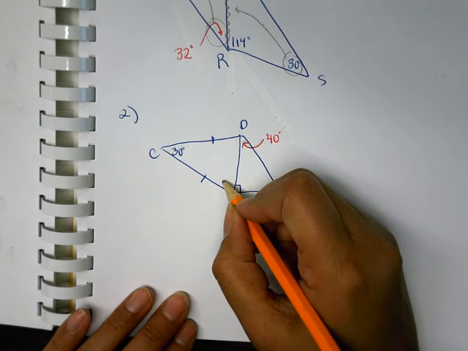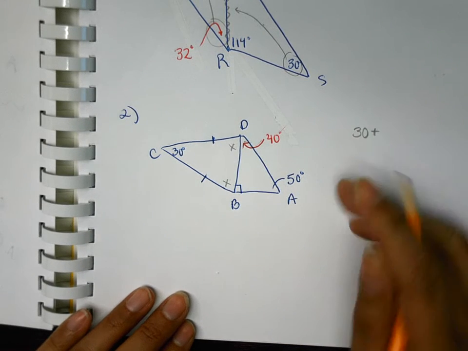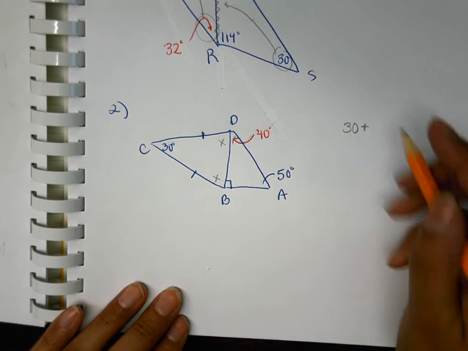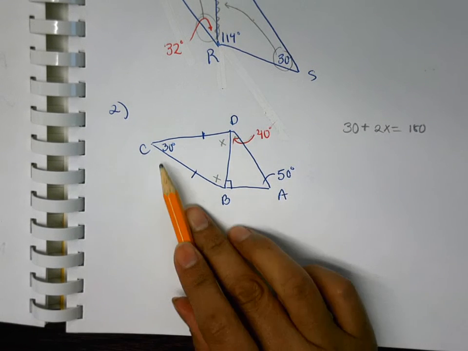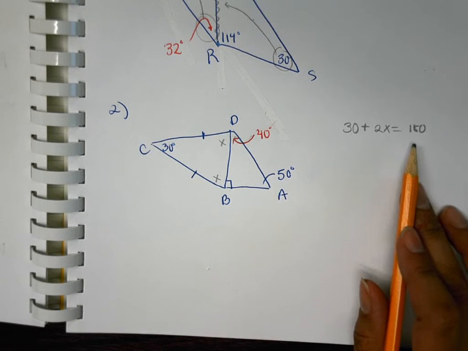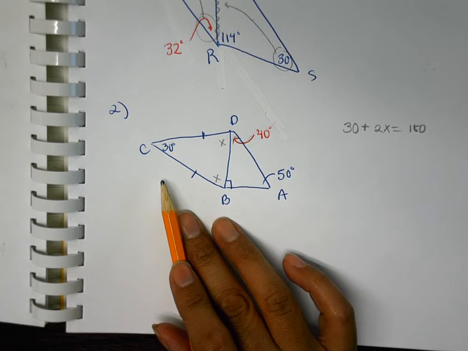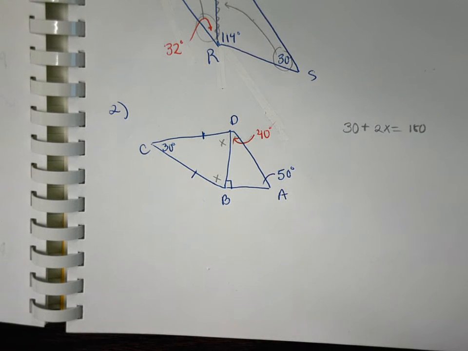Okay, so I'm going to call them x and x, and my equation would be 30 plus what? 30 plus 2x equals 180. How many of you guys just do 180 minus 30 and then cut it in half? Whatever method you use, do I need to see some work on your paper? Yes. Whether it's subtracting and dividing or something like this.